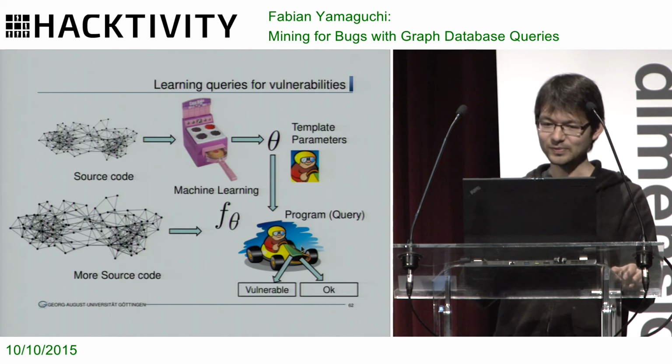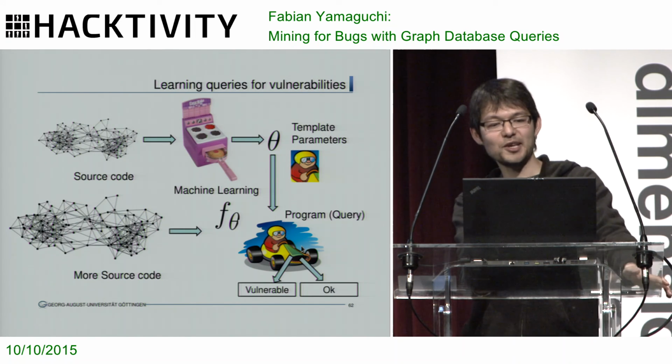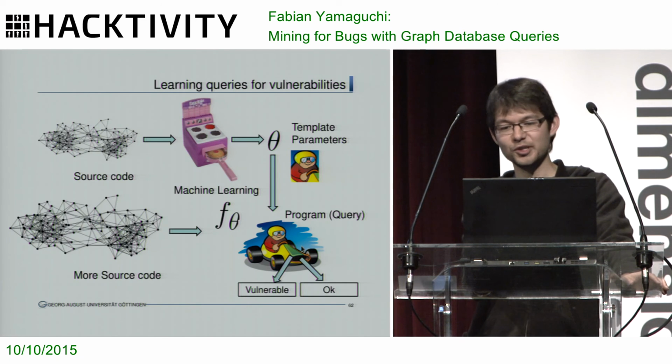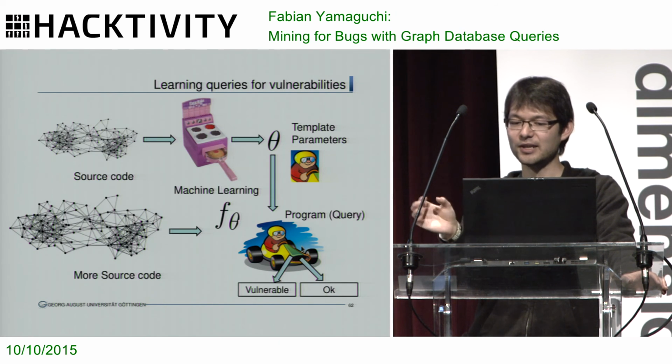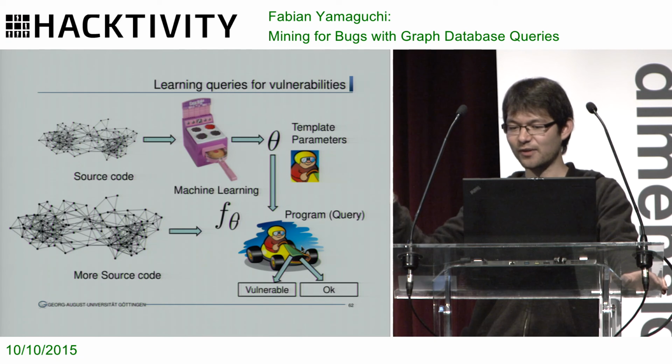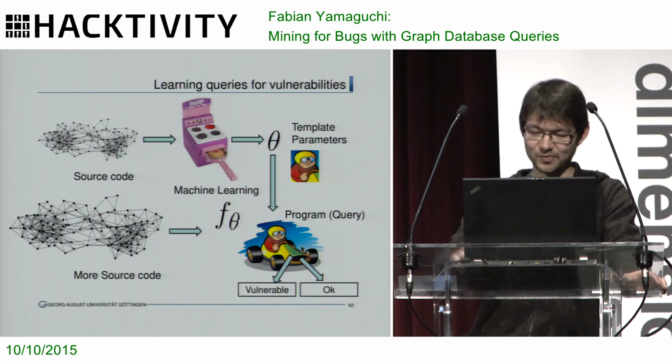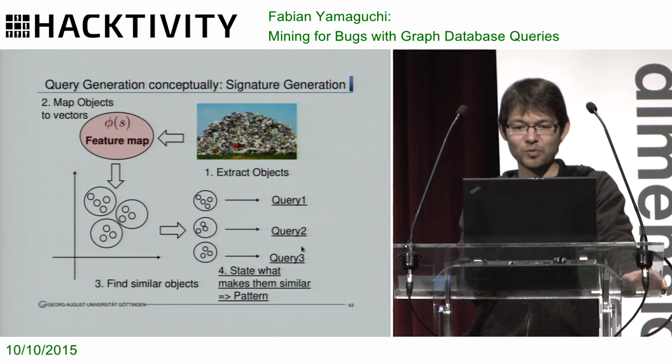Now, learning queries is the same. You have the source code, you put it into your little oven, and it outputs those template parameters. And then the query that you get, that's the predictor. You throw more source code at it, and it drives down the code property graph and says vulnerable, okay, vulnerable, okay. That's the idea.